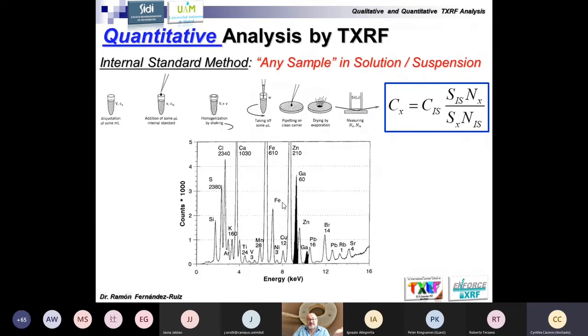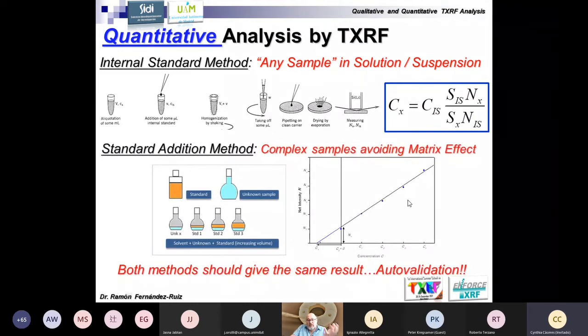In this case, for example, if we have used gallium as internal standard, and we have added 60 ppm to a sample, we know the sensitivities we have calculated previously. Okay, and it is only necessary to obtain the intensity ratios, if we know all the other parameters, to evaluate the concentration of all the elements that we have in our spectra.